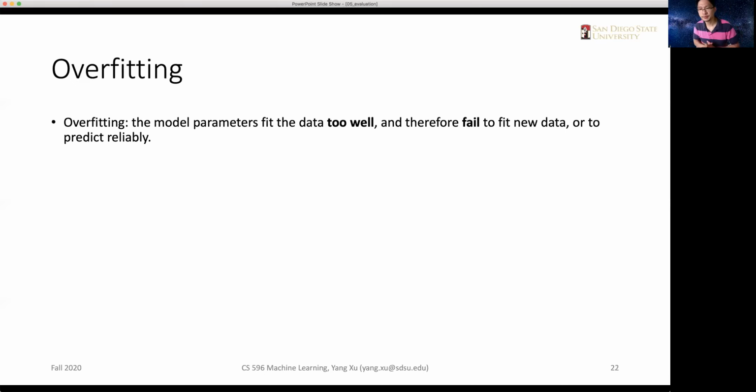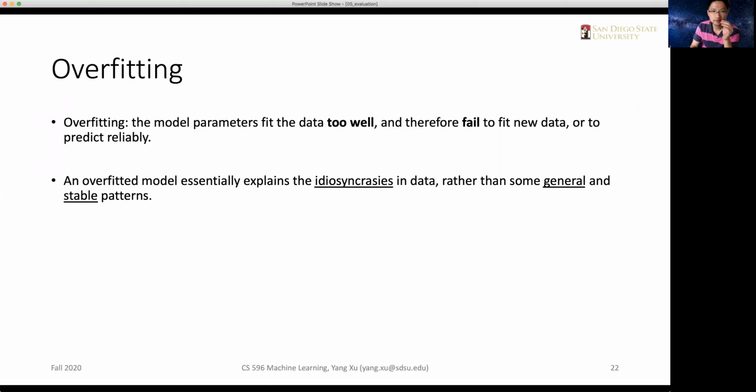So this concept refers to the problem that the model's parameters fit the data too well, and therefore they fail to fit new data, or they fail to make reliable predictions.